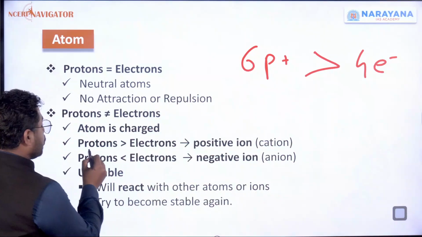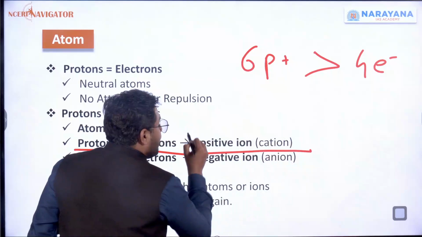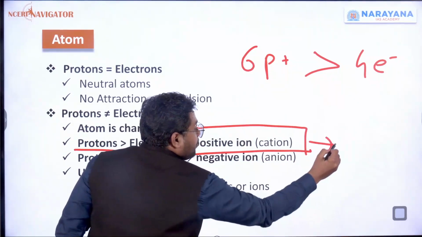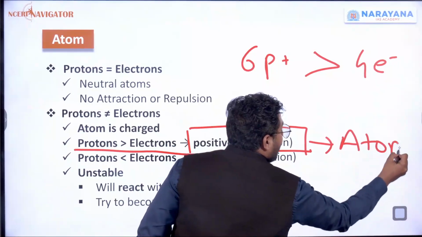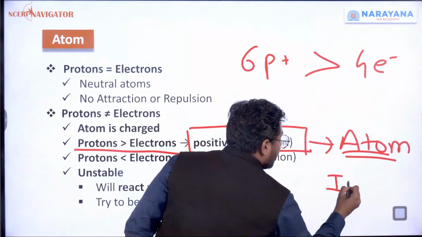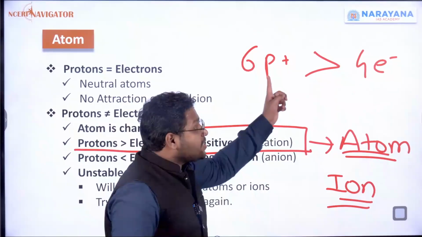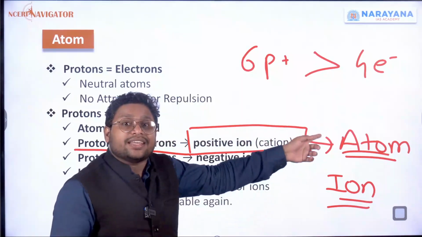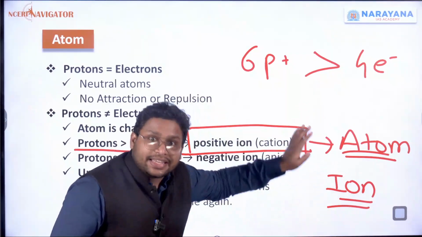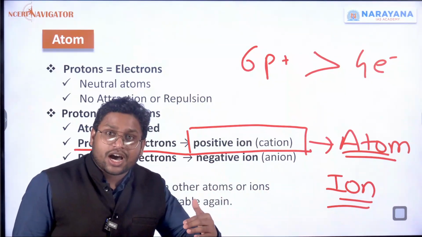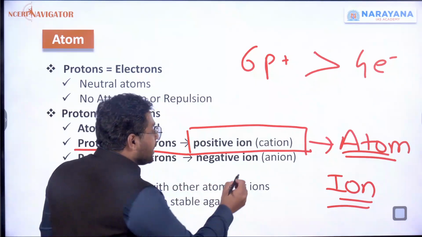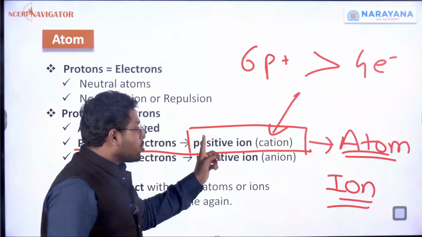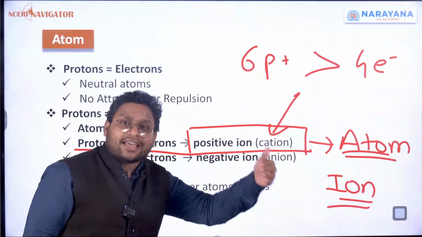This atom will now be called an ion, because there is a charge. When you add a charge to any atom, it will be called an ion. And here, because it has positive charge, we have given the name cation. A positive ion is also called a cation.